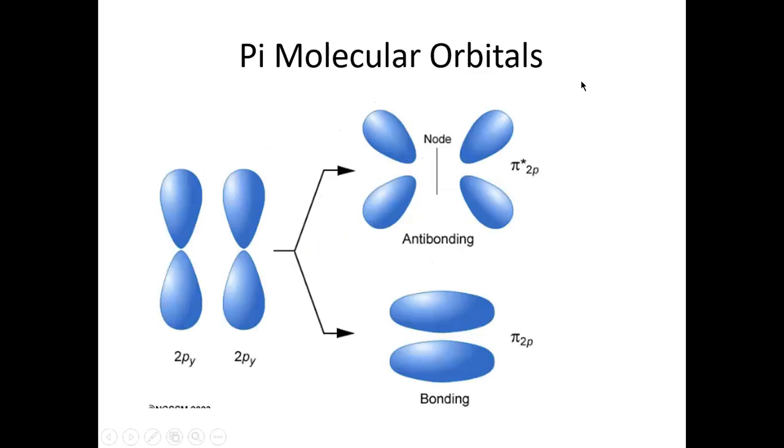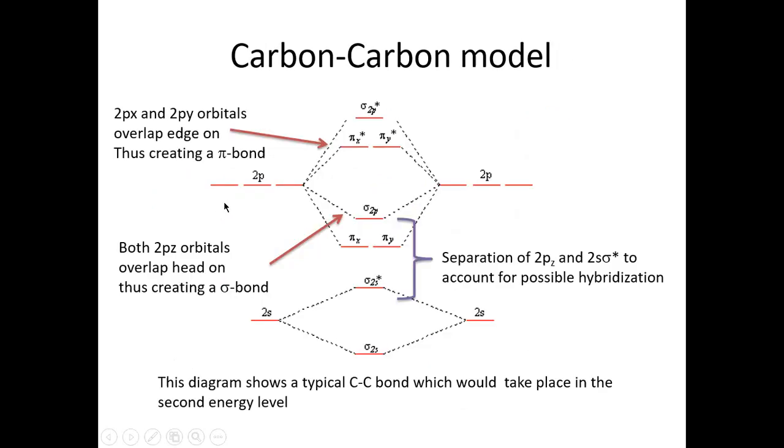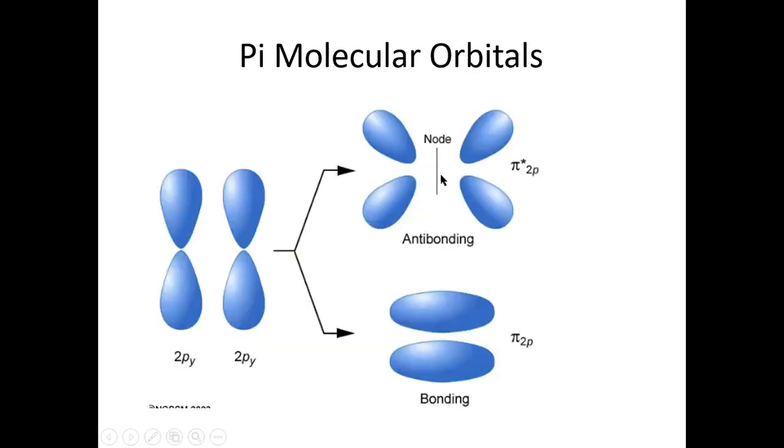All right. So again, this is for the pi molecular orbital. We're not really worried about the sigma, because molecular orbital theory, especially frontier molecular orbital theory, is mostly concerned with extended pi systems.